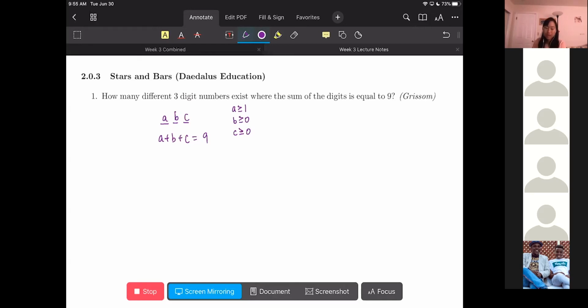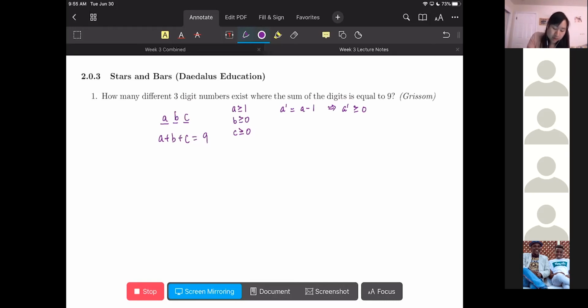So one way we could think about this is, since we know A has to be at least 1, we could define some other variable. Let's call it A prime, and define A prime to be A minus 1. So this means that A prime is greater than or equal to 0.